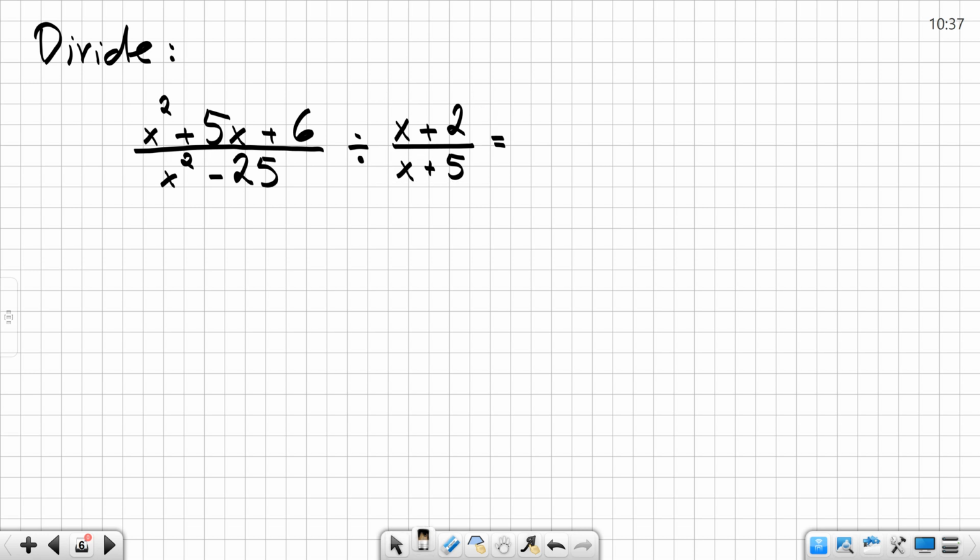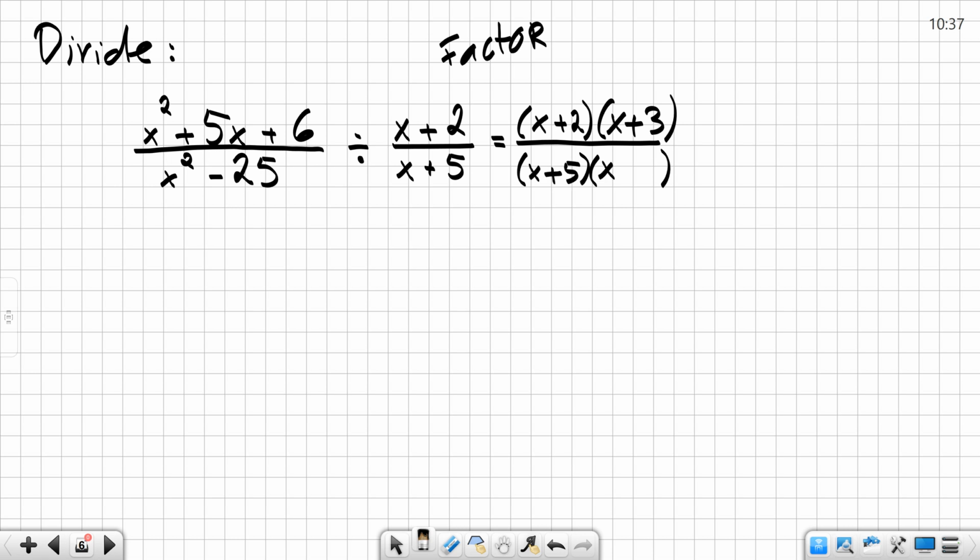But so that I don't write too much, I will immediately factor if I see something can be factored. X squared plus 5x plus 6, this is the same thing as x plus 2 times x plus 3. 2 times 3 is 6, 2 plus 3 is 5. On the bottom, what I see is the difference of two squares. X plus 5 times x minus 5.